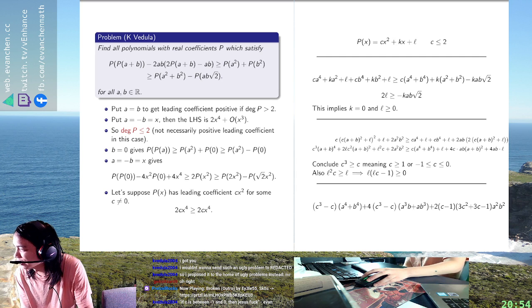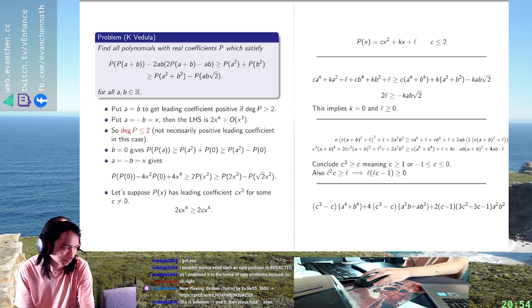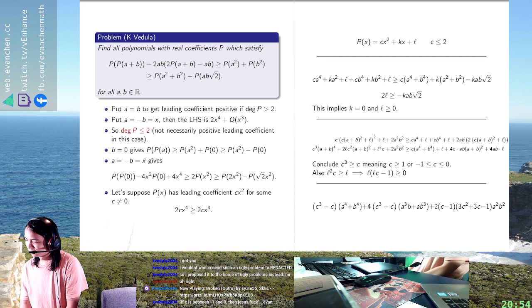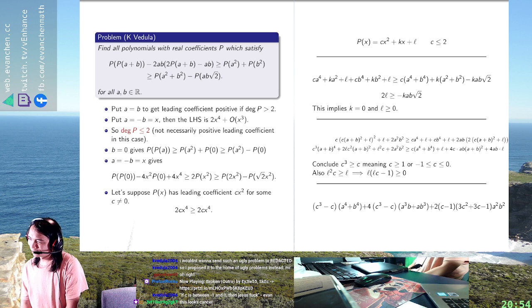Is that really what it is? I almost don't want to believe that. I think I factored wrong. I wanted 3, 0, 4... No, that's right. So if C is like 0.99... What happened? No, it can't be that bad.